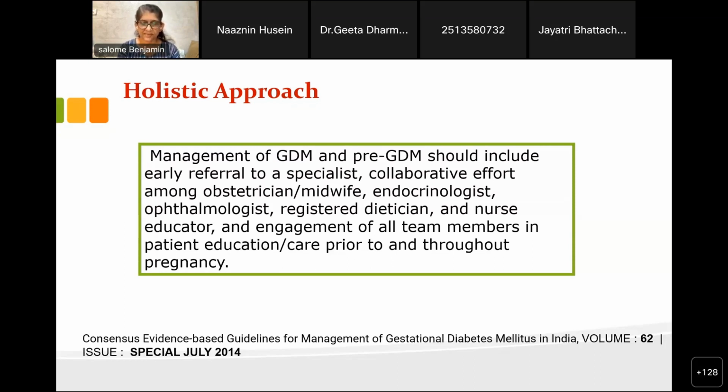Anything you would like to comment on this holistic approach, your experience, please? No, you are very right. It is a holistic approach, and that is where the nutritionist and diabetes educator have a very important role to play, and then coordinate with other team members so that we are on the right way. Correct. So now, next slide, please.